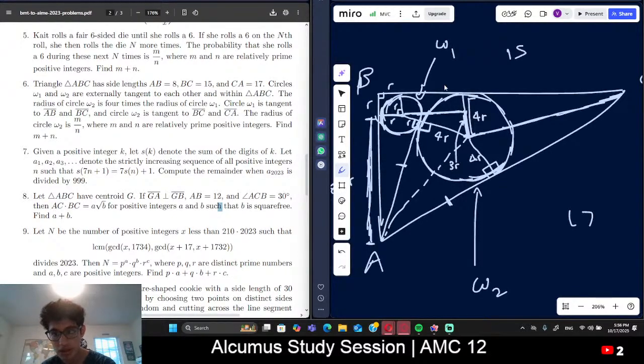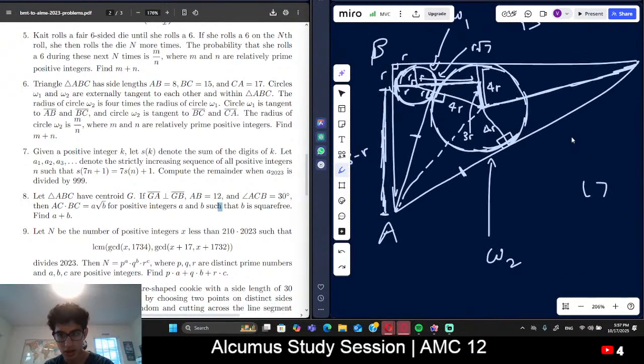We know that this is r root 7. So this entire thing is going to be 1 plus root 7 all multiplied by r. So we can find some ugly expression for that, from where we can equate that with what we get for this. So there are some equations that I think will be forming. Let's do that now.